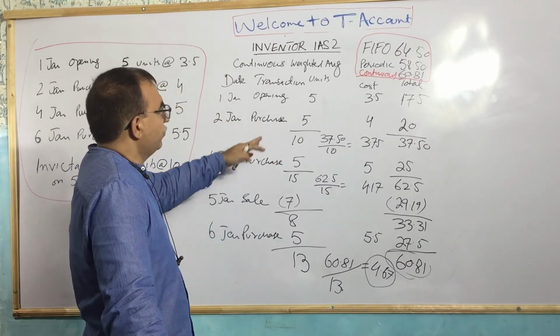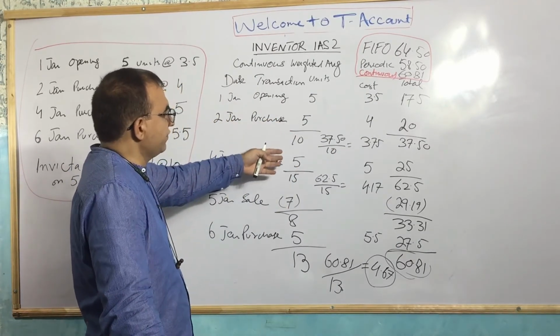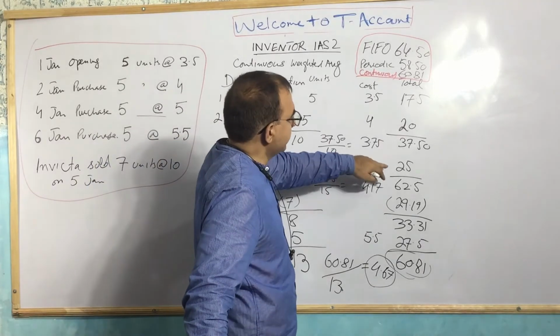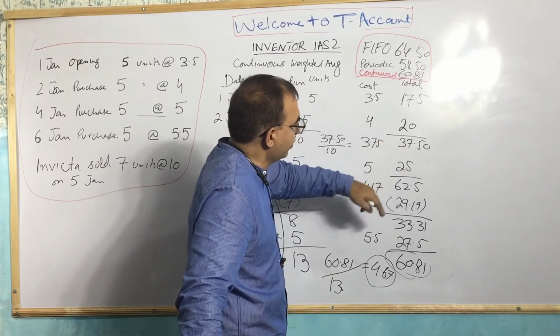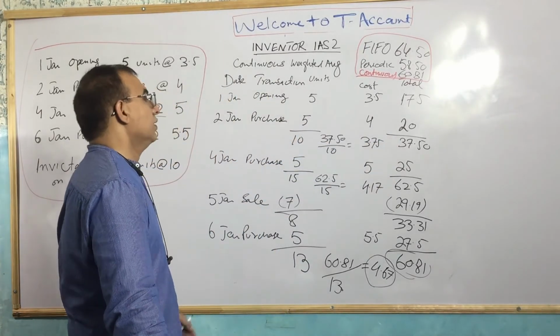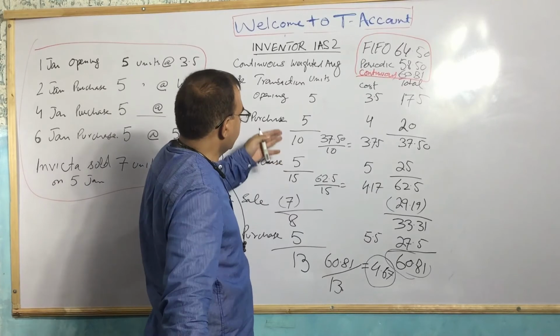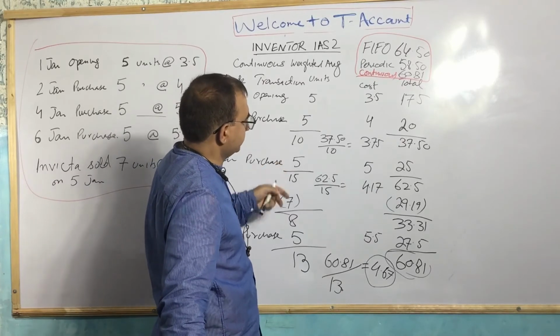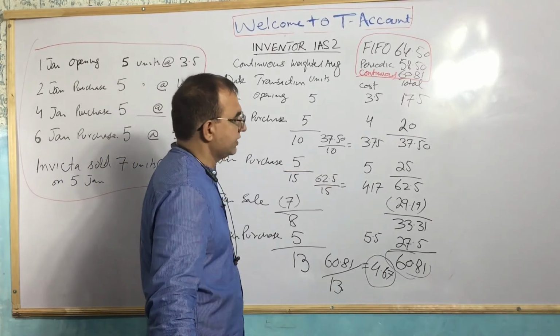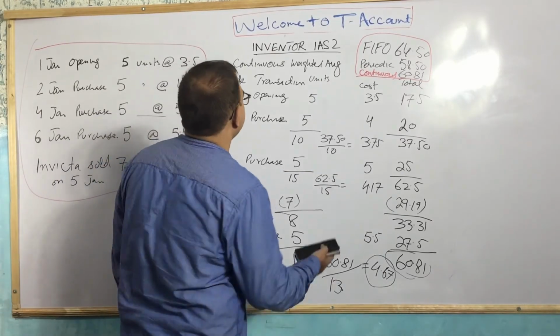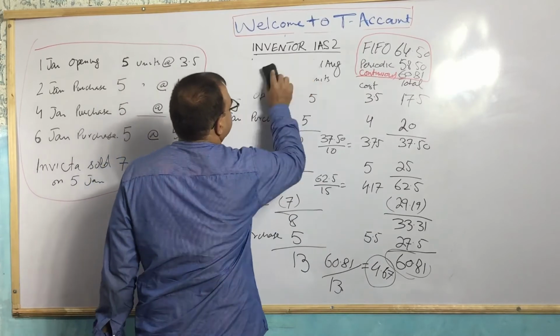Then on 4th January, we had another purchase. We purchased 5 units at 5, added their value to the balance we had before that, and we got 62.5, divided it by the total quantity of inventory, 15 units, and we got that rate. That's how we calculated the updated rate after each transaction.